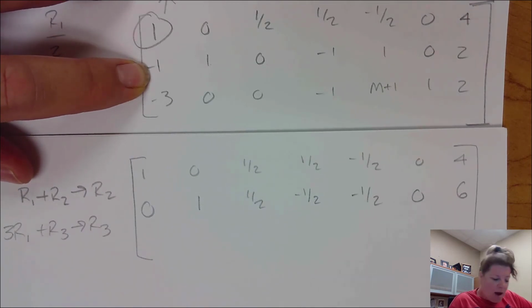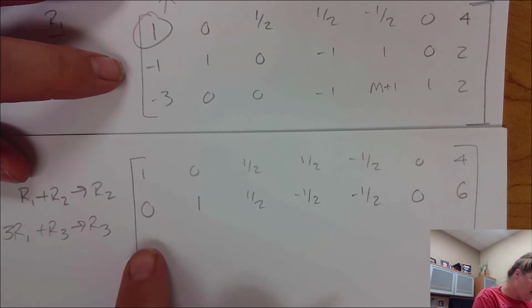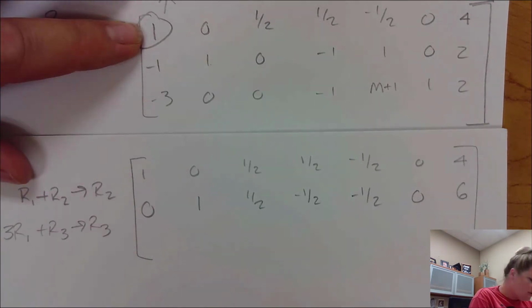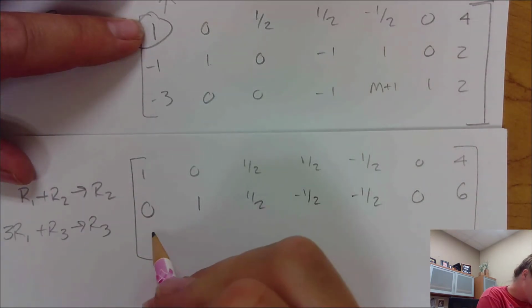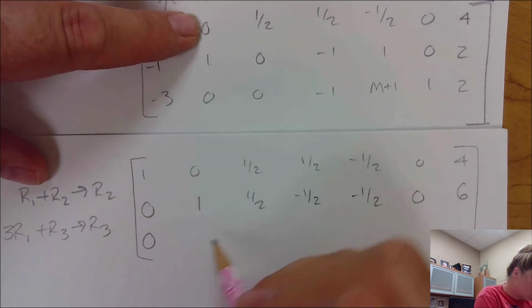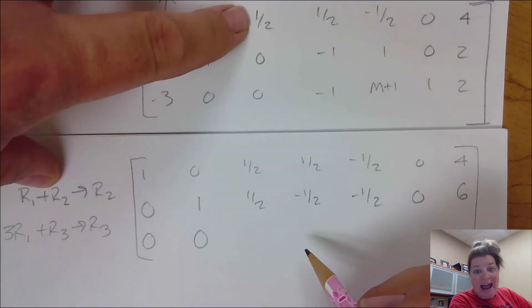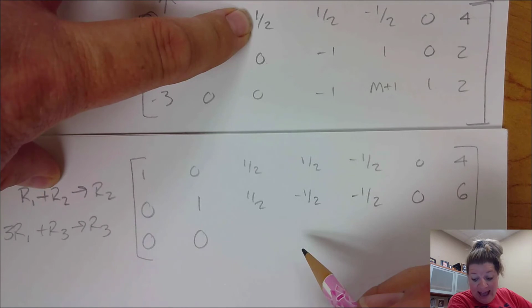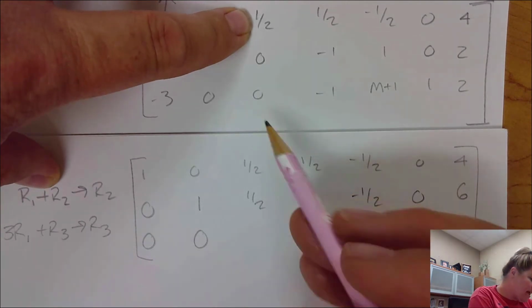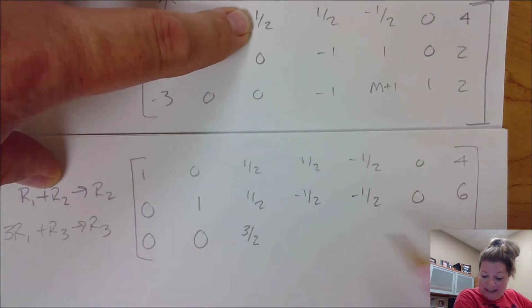All right. Bottom row. To get this 0, we needed 3 times the top. So 3 times 1 plus -3 is 0. 3 times 0 plus 0 is 0. 3 times 1/2 is 3/2 plus 0 is 3/2. But it's positive.